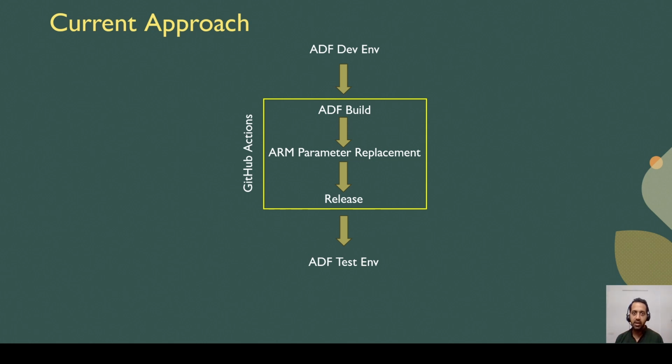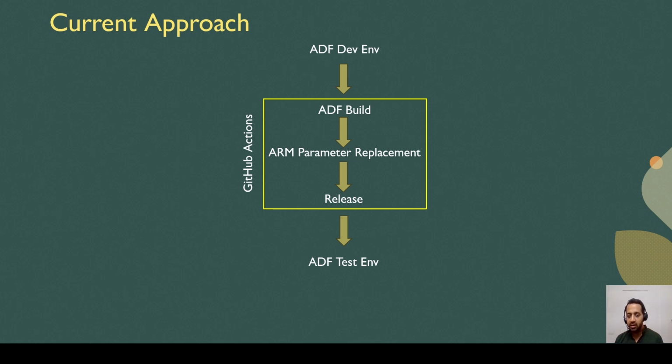For example, if you have onboarded a new storage space, a new database, or a new linked service for your ADF dev and test environments, all you have to do is update that parameter and its value in a config file.